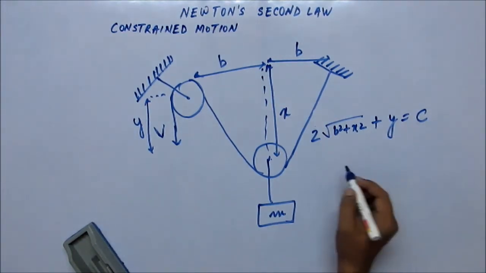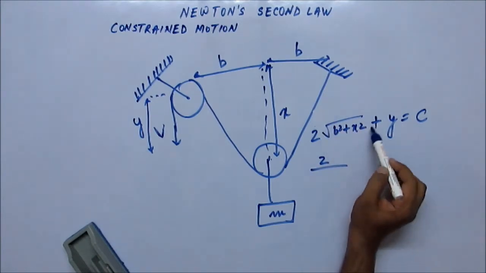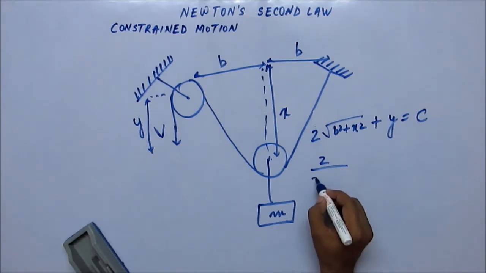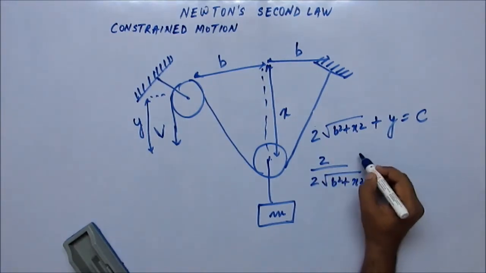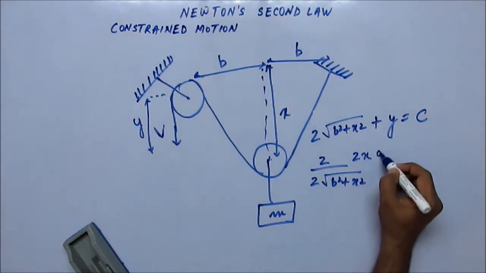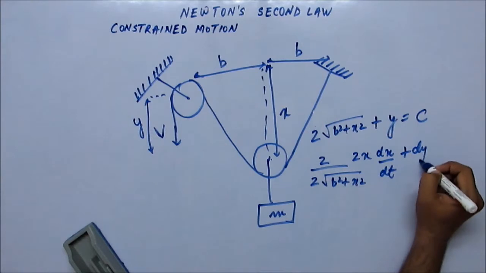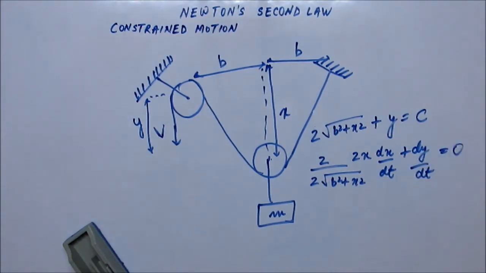The reason why, because when you differentiate this, any problem in differentiating this function? The differentiation of this is 1 upon 2 root over b squared plus x squared into 2x into dx by dt plus dy by dt is equal to 0. This is the differentiation.